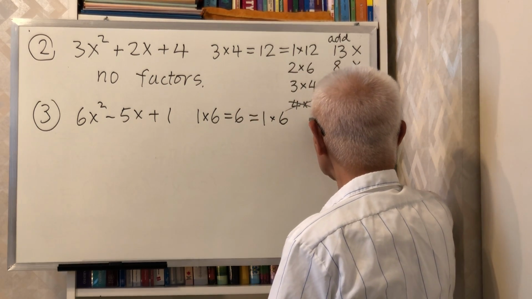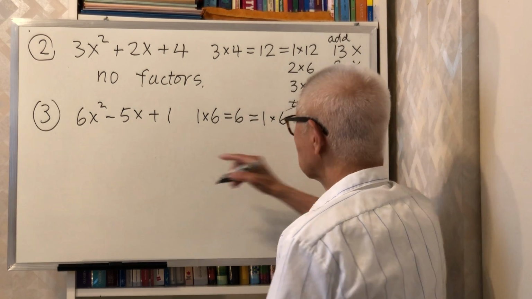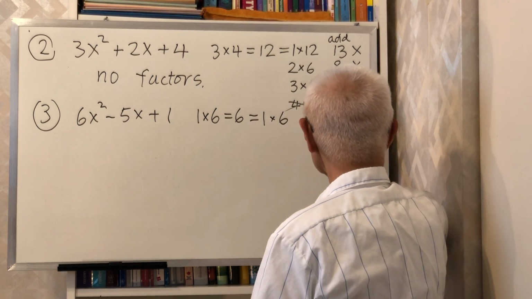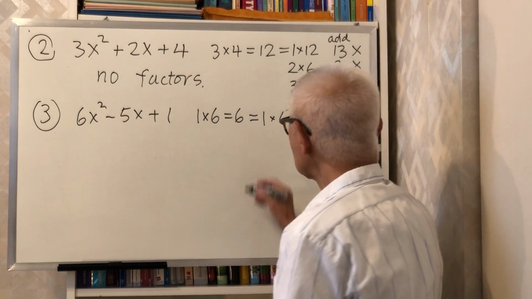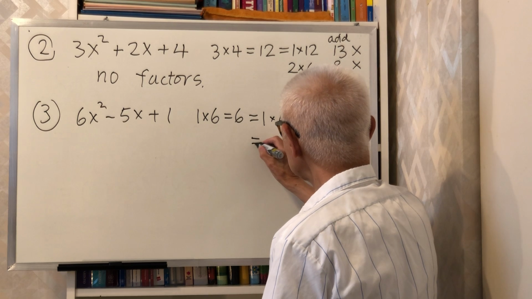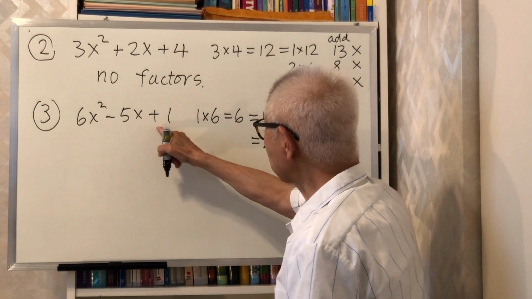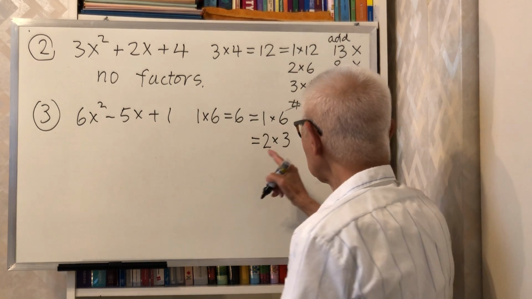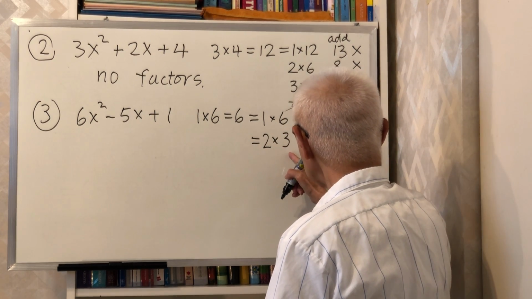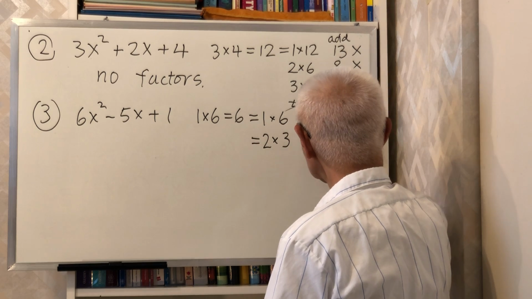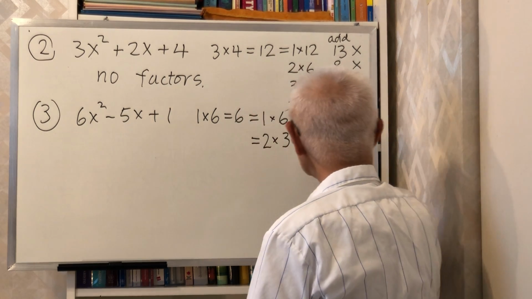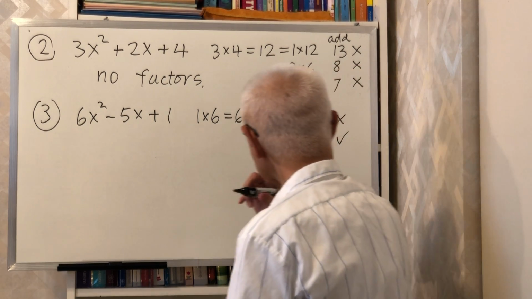So 1 plus 6 is 7. But I have 5 here, so that's not right. 6 can also be written as 2 times 3. And I add, this plus means add, 2 add 3 is 5. And I have 5 here, so that is correct.